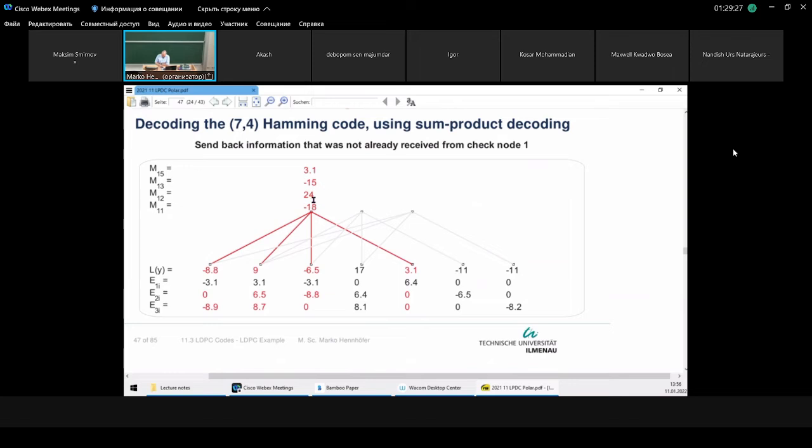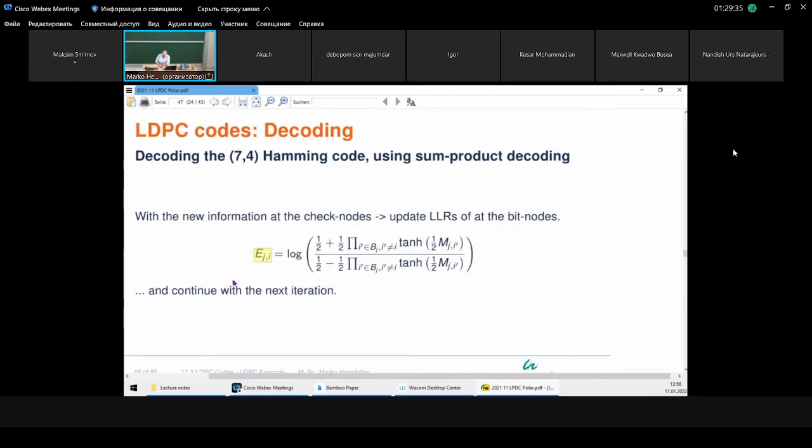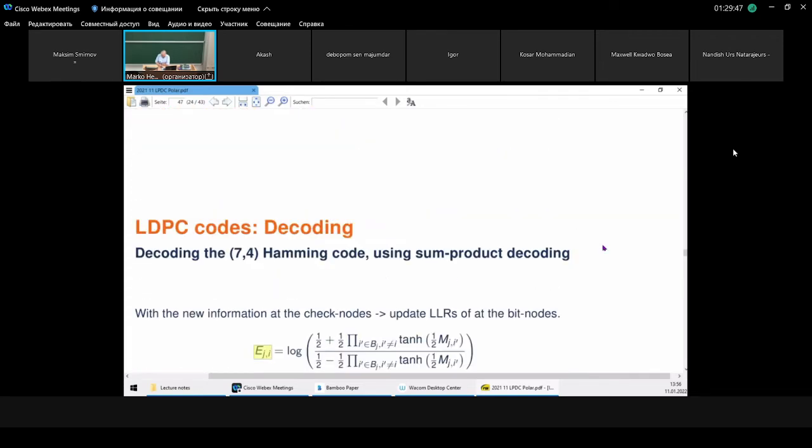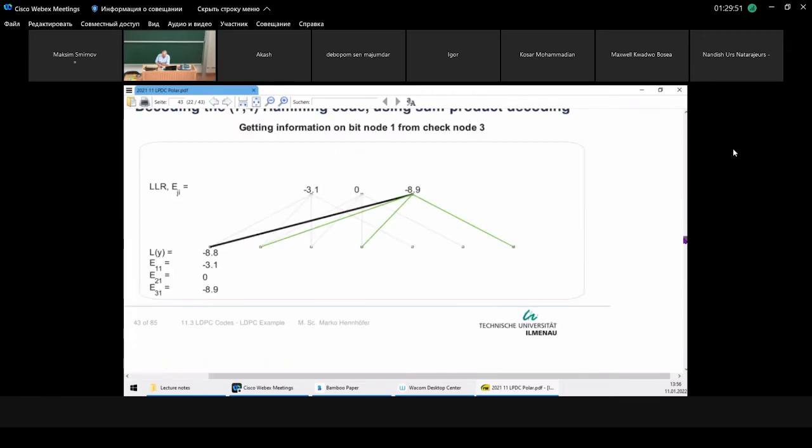From the M's, we could calculate the following E values and so on. Following this equation with the updated M values, we would be able to calculate the new extrinsic information. So this is basically how this works.